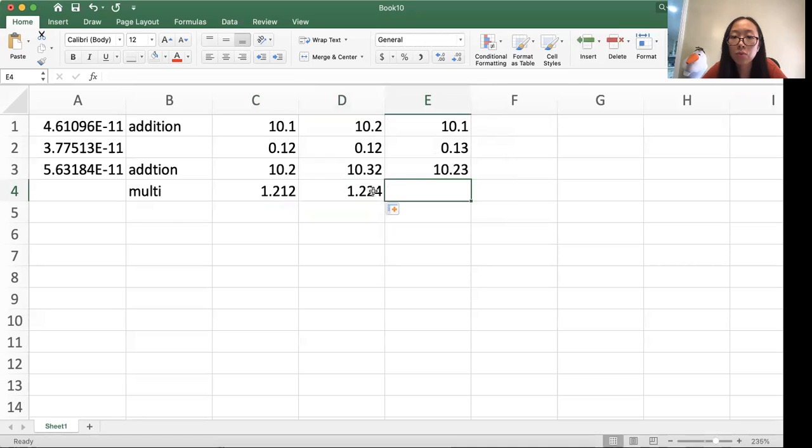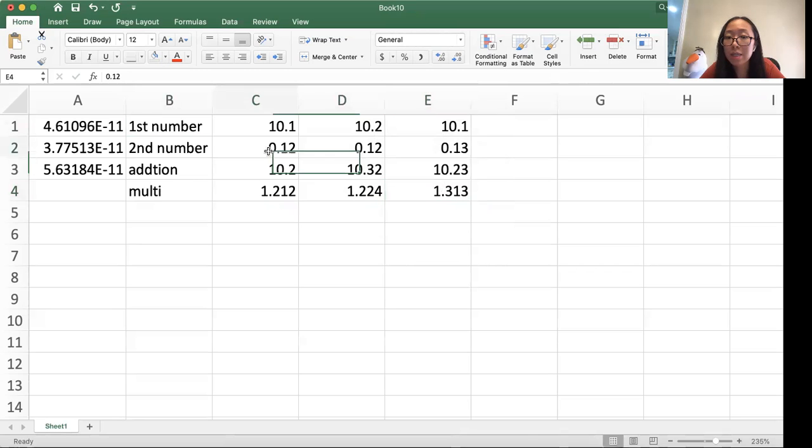In this one, we are changing the second number. So in this case, which one is limiting? The second number is limiting, because when you change the second number by the last digit, it's already affecting the first decimal place, and in this case your uncertainty is at the first decimal place.